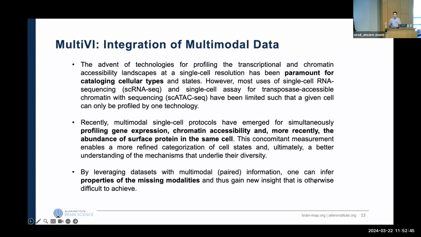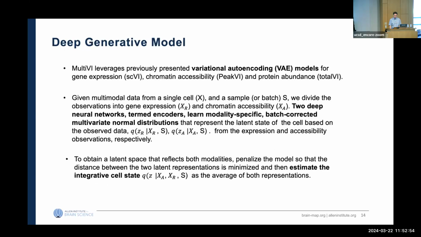It's similar to what we talked about with those dueling autoencoder type of things, where there are individual scVIs going, and then there's a penalty term between the two different methods. Here in this framework, two deep neural networks termed encoders learn modality-specific, batch-corrected multivariate normal distributions that represent the latent state of the cell based on these observations from the expression and various metadata.